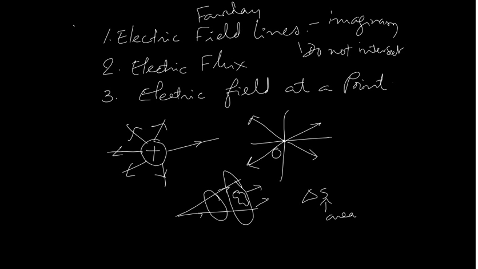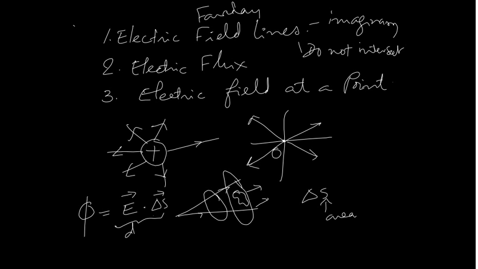Like that, in this small area, if you know that electric field is going through this small area, then we give that flux, electric flux, a bunch of lines going through, equal to E dot delta S. Both are vectors, and this is called a dot product.